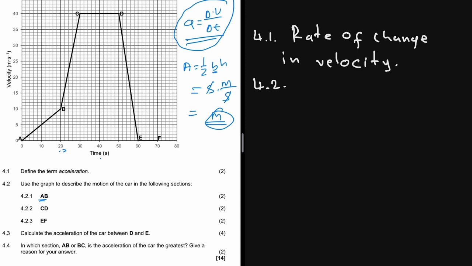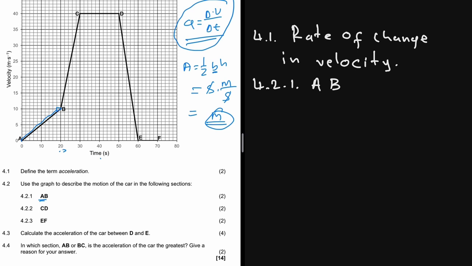Question 4.2.1, from A to B, what is happening? The car is increasing its speed. And if the car increases its speed, that means it is accelerating.